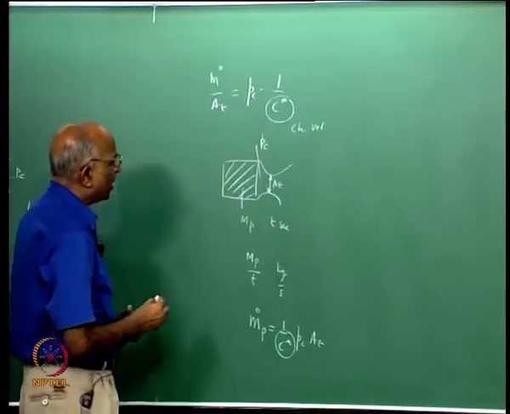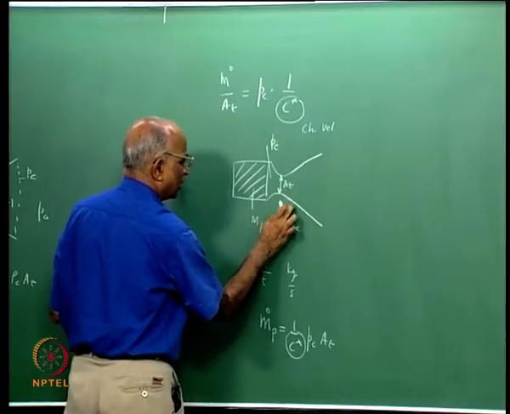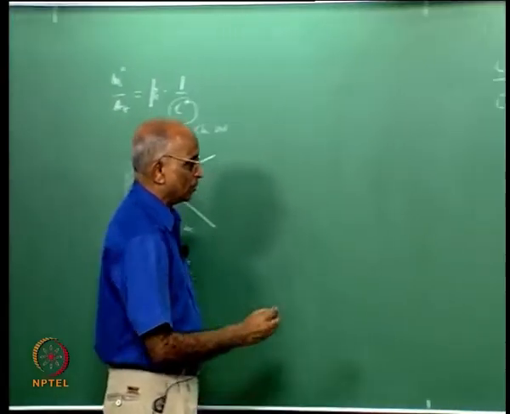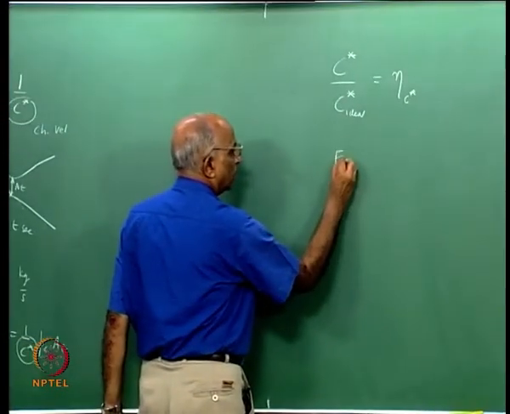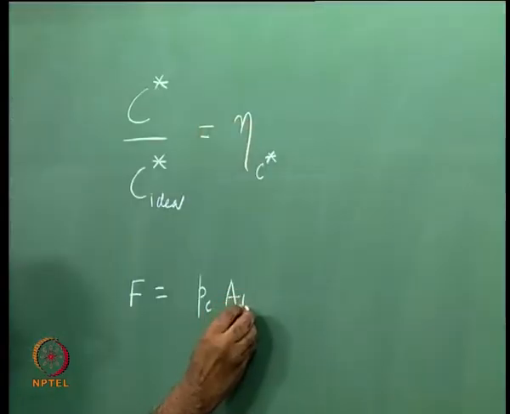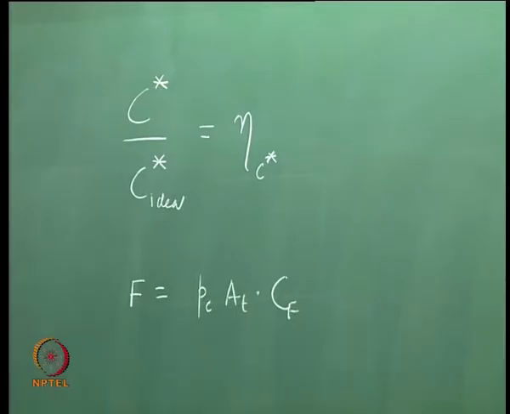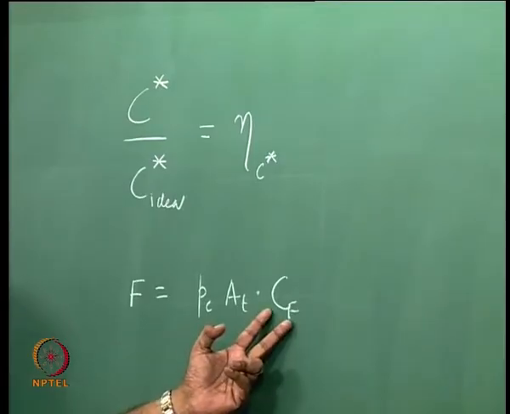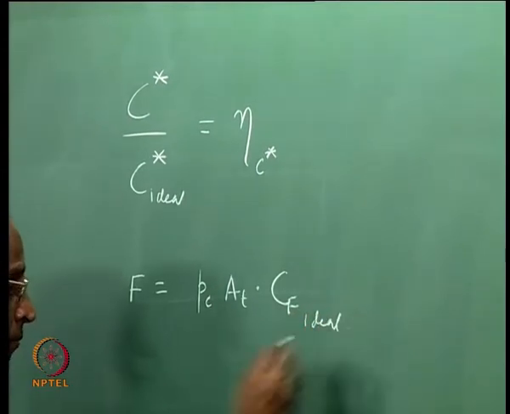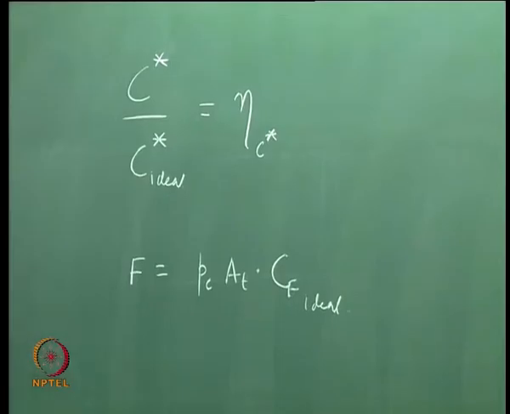We also told ourselves, well, I have a rocket nozzle something like this, and I can also write the thrust of a nozzle as equal to, in terms of the chamber pressure, in terms of At, and I can put it in terms of a coefficient. We derived the equation for this coefficient, we call this Cf ideal, and we told ourselves, look here, the thrust need not always be the same.